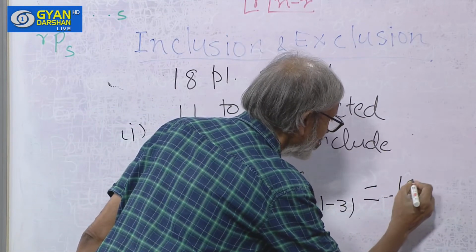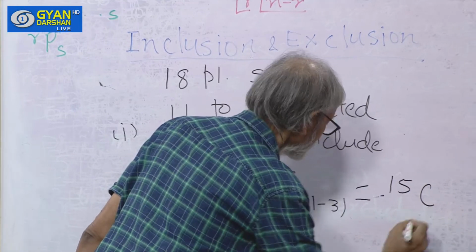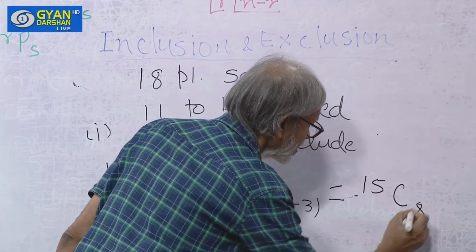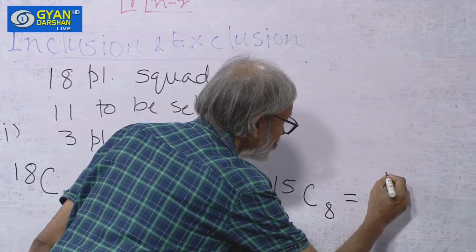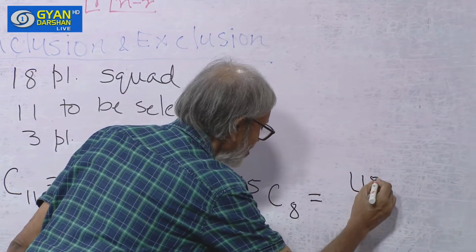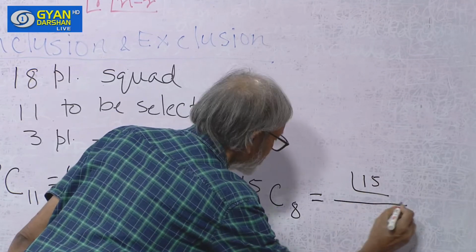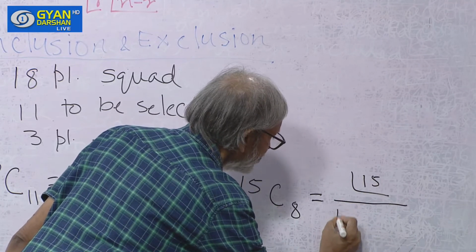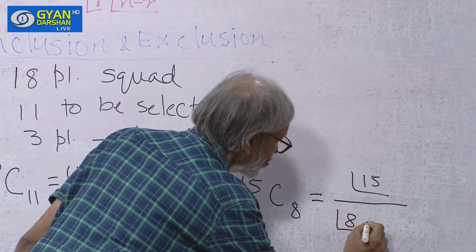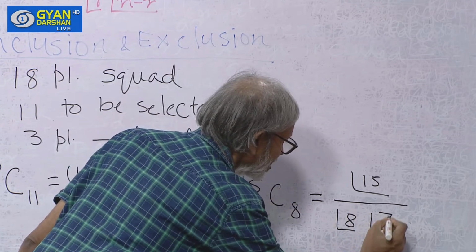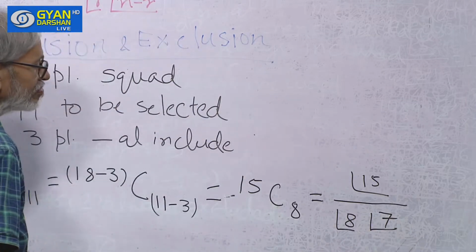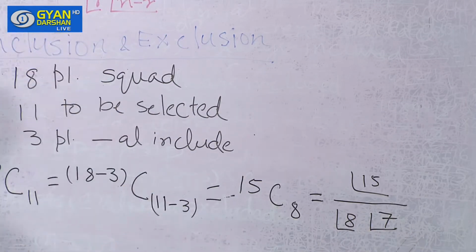This will be equal to 15C8, which is factorial 15 divided by factorial 8 into factorial 15 minus 8, which is factorial 7. So you can calculate.